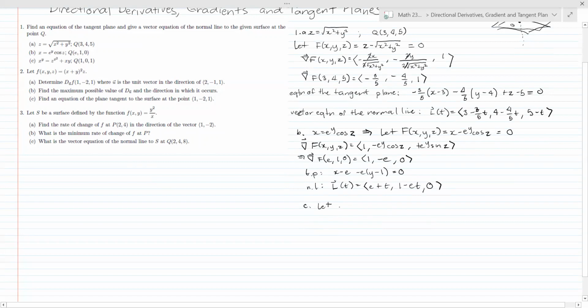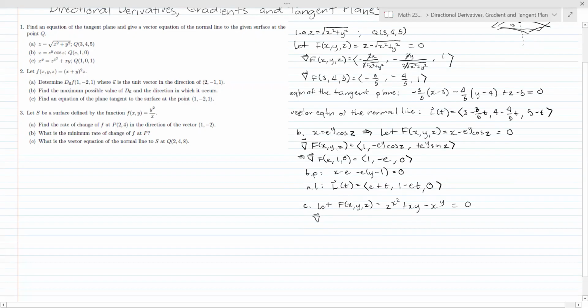Let f(x, y, z) be equal to x to the y, yung ano na lang, other side, z x squared plus xy minus x to the y. Okay? This is equal to 0.